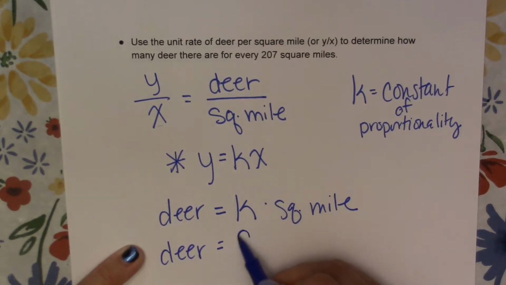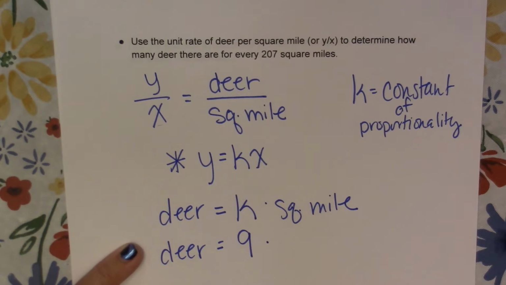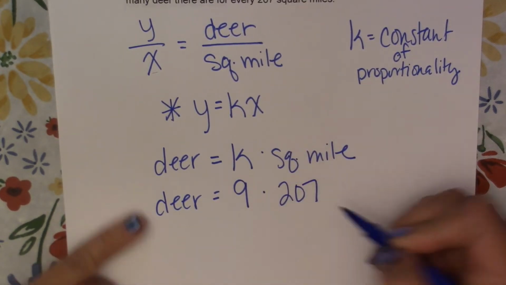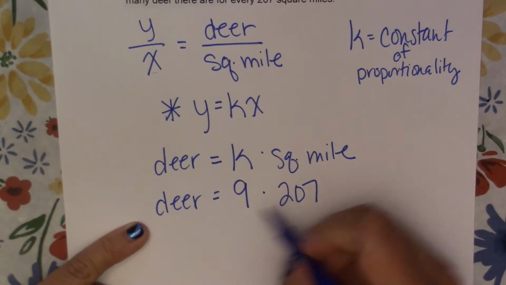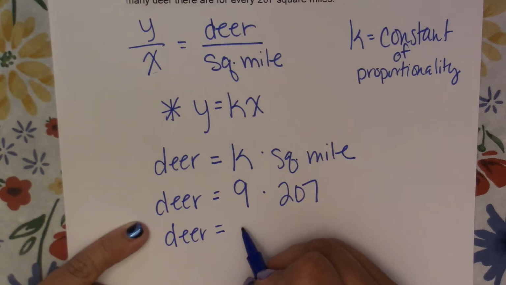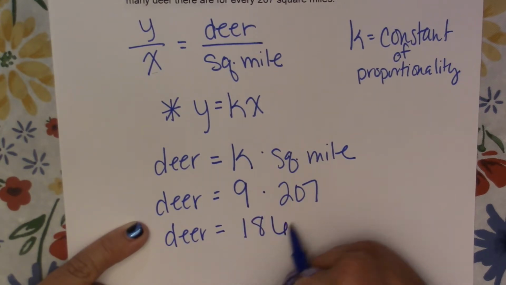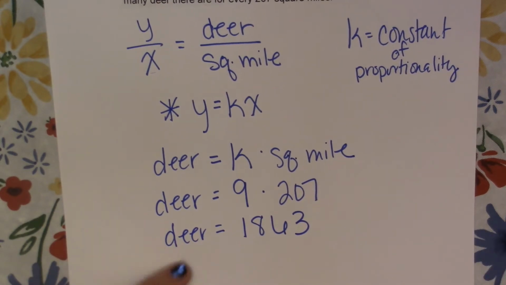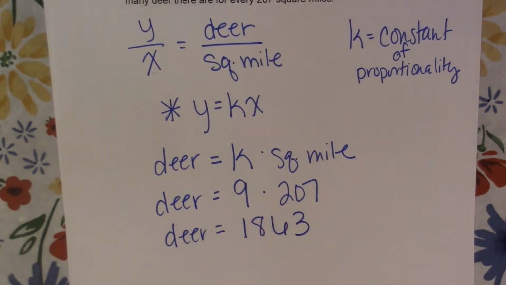And we know that our k value is 9. And we're multiplying that by our square miles, which was 207. So when we multiply this, we get that the number of deer is equal to 1,863 deer in our 207 square miles.